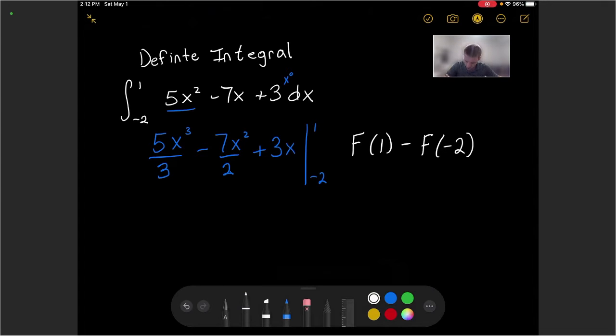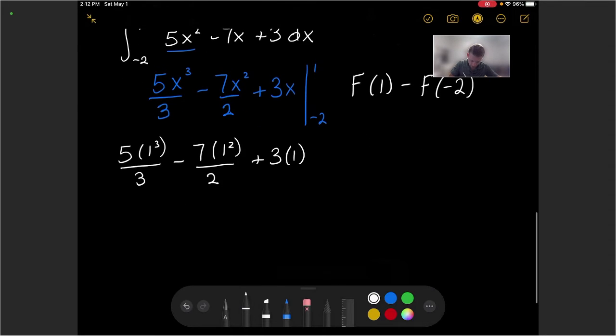So let's evaluate at 1. We'll have 5 times 1 cubed over 3 minus 7 times 1 squared over 2, and then plus 3 times 1. We'll subtract from all of this, and we'll usually want to put a little bracket around that.